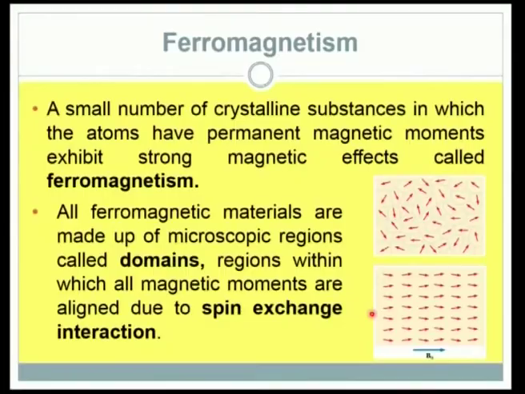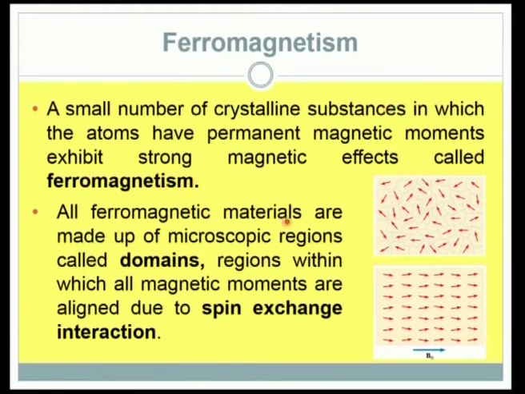Here also we will discuss about the susceptibility and relative permeability, all that. A small number of crystalline substances in which the atoms have permanent magnetic moments exhibit strong magnetic effects called ferromagnetism.